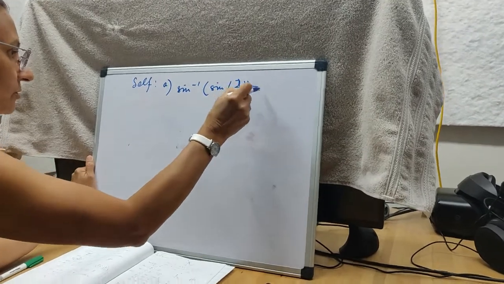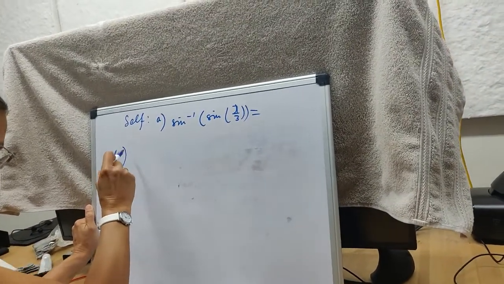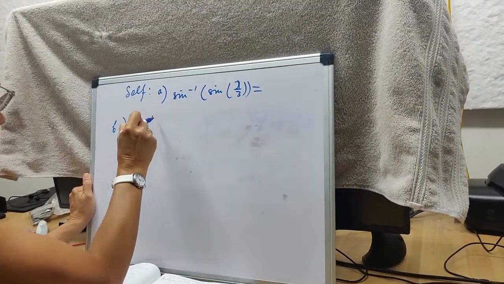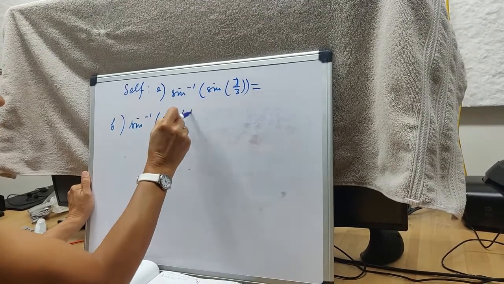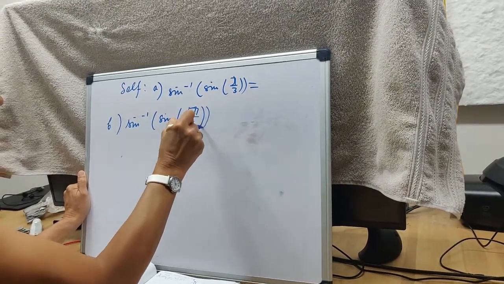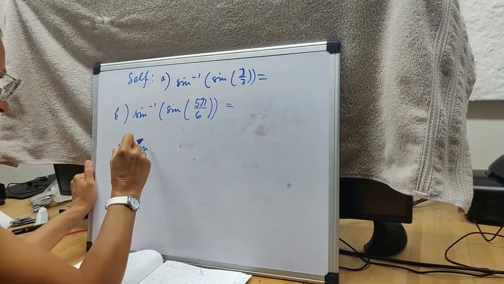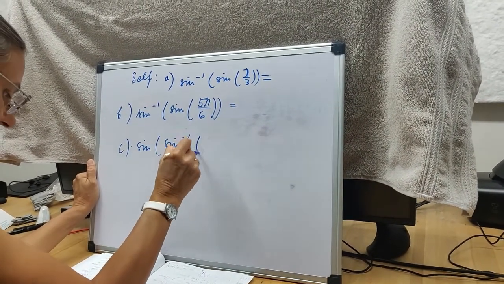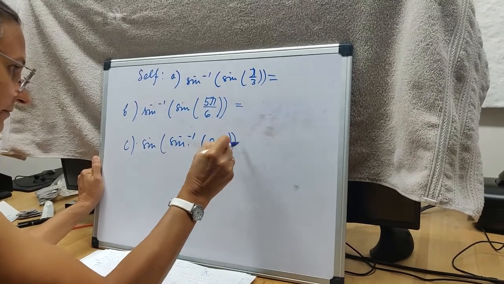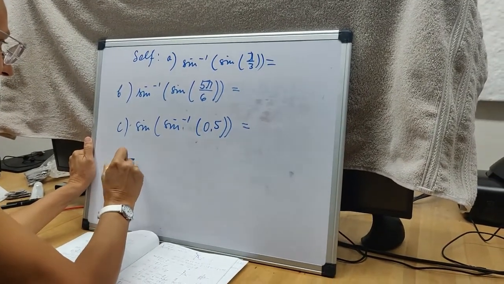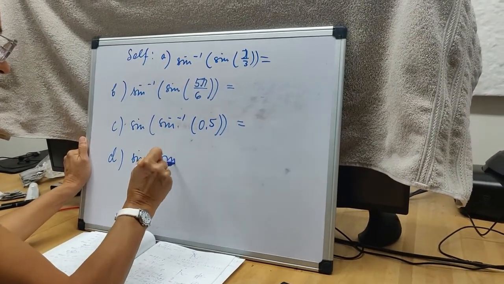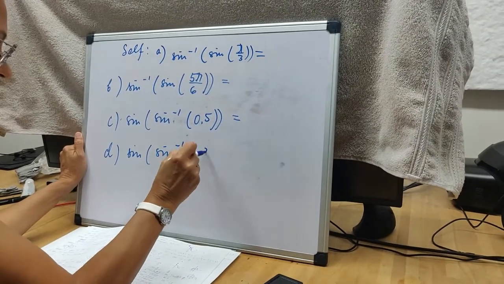By the way, not all problems are tricky. B. Sine inverse of sine of 5 pi over 6. But some are tricky. C. Sine of sine inverse of 0.5. And the last one, D, is sine of sine inverse of -3.